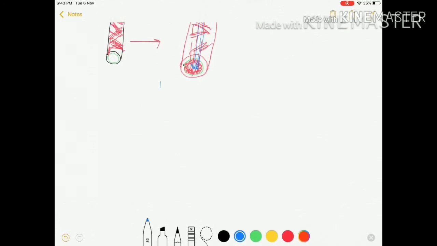This leads to hypooxygenation, less oxygen supply to the blood, and to maintain homeostasis our physiology increases the respiratory rate, which leads to the symptom of breathlessness.